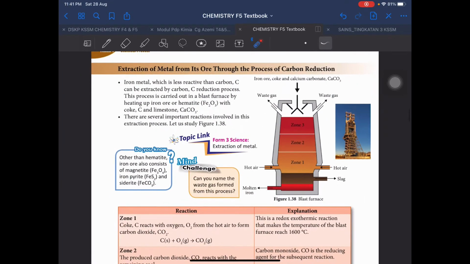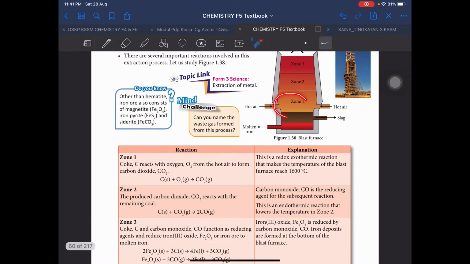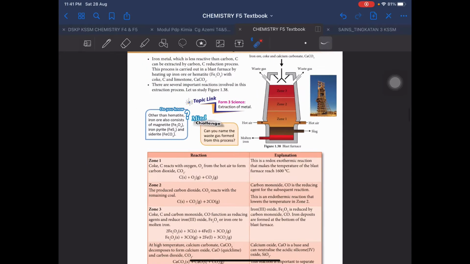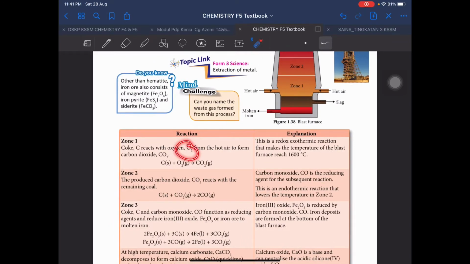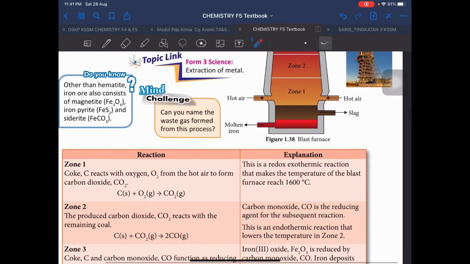Okay, so let us look at what happened in zone 1 first. Ini di bawah. So in zone 1, coke reacts with oxygen from the hot air to form carbon dioxide. You see this picture here? There is hot air coming into zone 1. So the hot air, which ada oksigen lah di dalam kan, udara yang panas, akan bertindak balas dengan carbon. Okay, carbon tu apa?